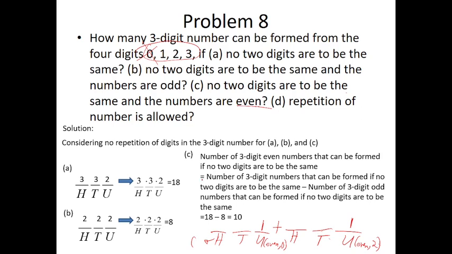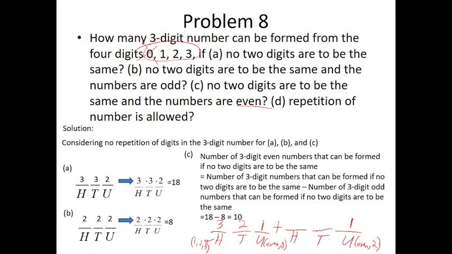Therefore, it will be 3 options, right? We can choose 1, 2, or 3. And then, for the tens place, we cannot repeat the digits that were placed at the hundreds and the units place. Therefore, 4 minus 2, that will be 2.